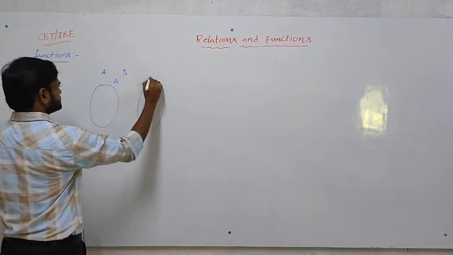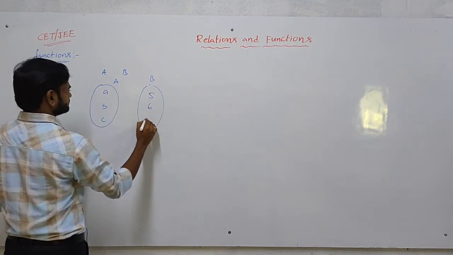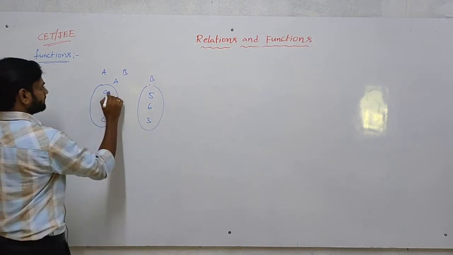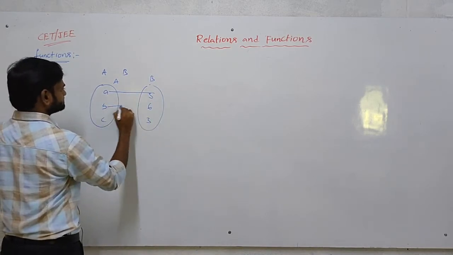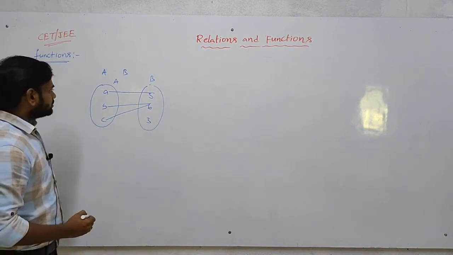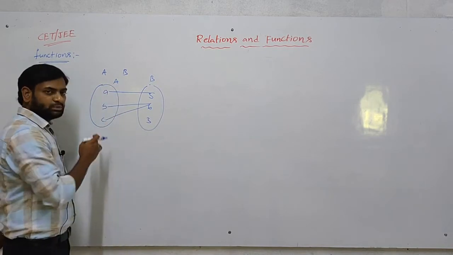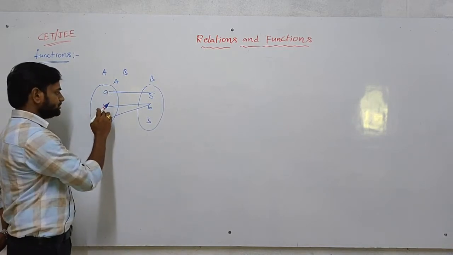See here, this is A, this is B. I am taking the mapping here. In the first set, how many elements are there? Three elements, that is a, b, c.